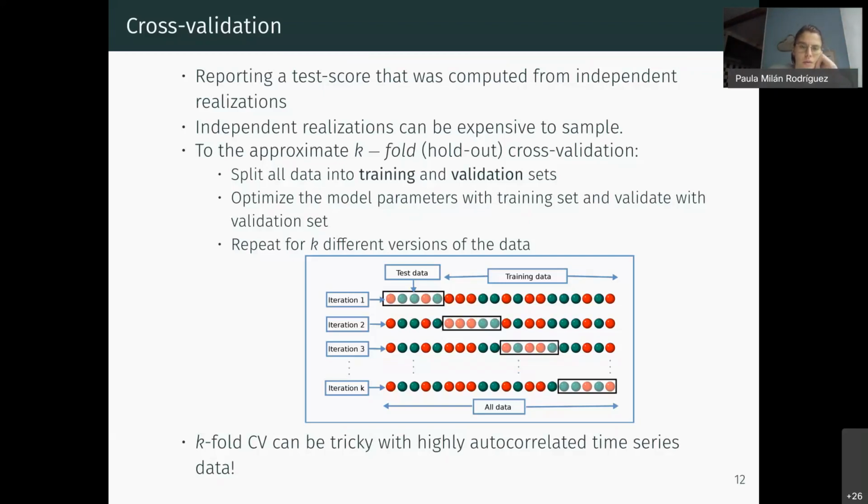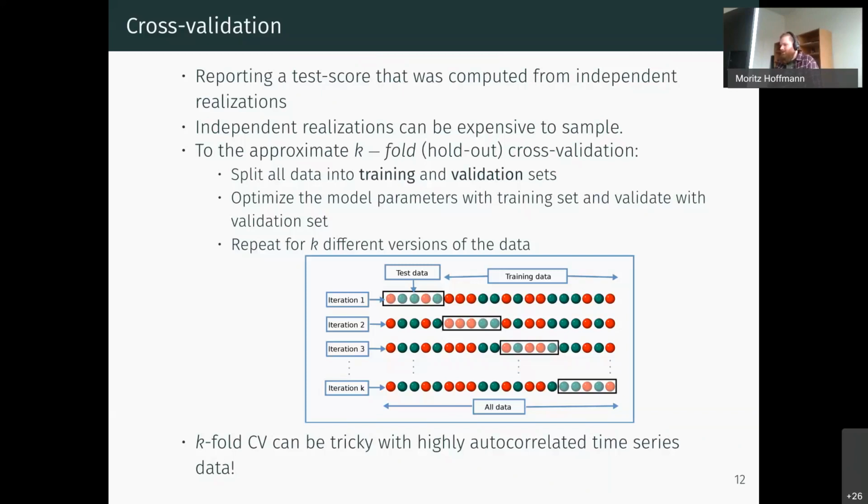In general, there is sometimes talk about the 80-20 split, which is a fairly popular way of splitting your data. You take 80% for training and 20% for testing. With time series, that's a bit more difficult because there is correlation. This is the one thing that sets these methods apart from PCA, because we look at the autocorrelations.